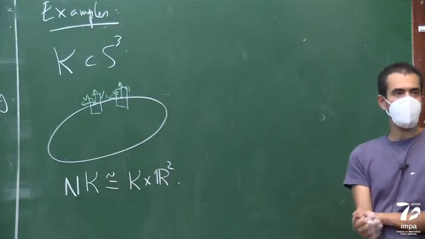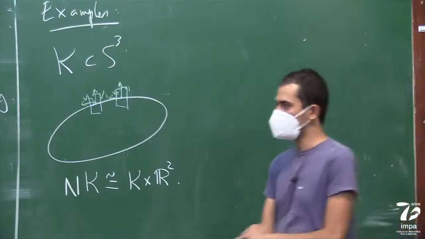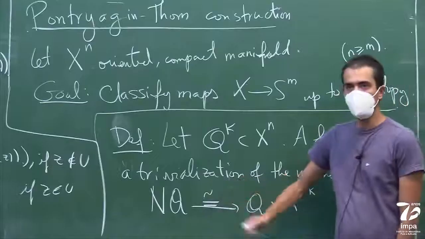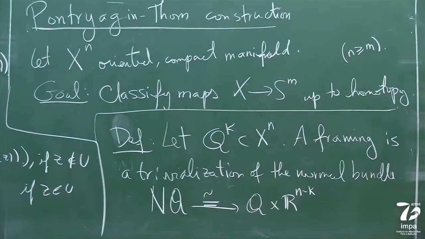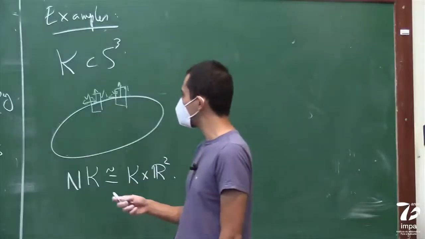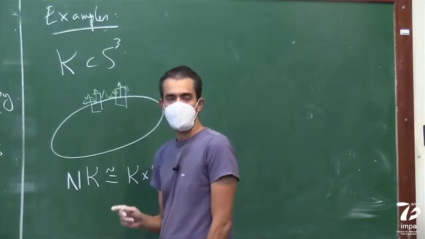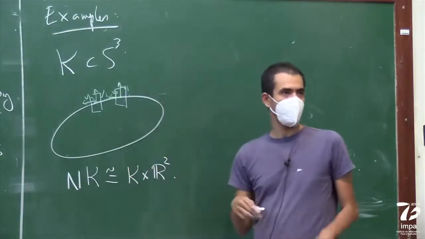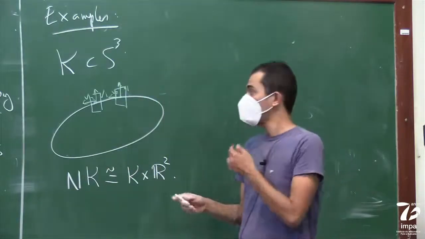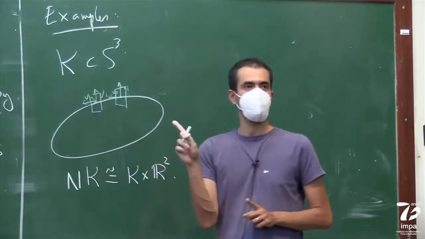In fact, as I said, it's equivalent to choose a trivialization and to choose a basis at every point. Okay, so that's called the framing. And if everything's oriented, then the normal bundle will be oriented, as I explained a few classes ago, and it's actually enough to choose one vector.